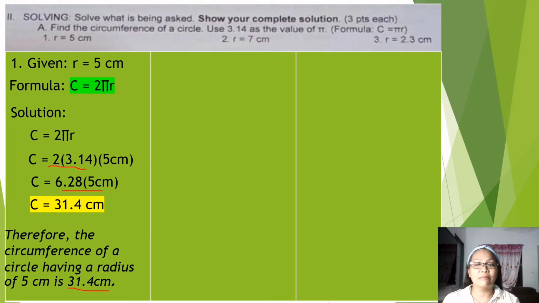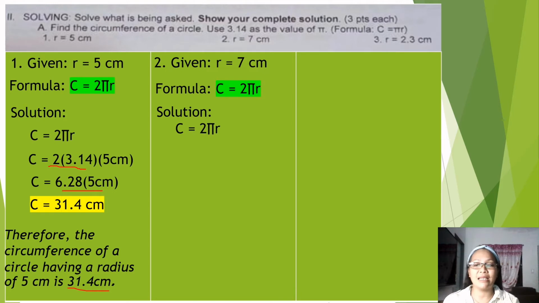Next, for number 2, our given is r equals 7 centimeters. For our formula, we will use the same since the given is r. Therefore, we have C equals 2 pi r. For our solution, of course, copy first the formula and then substitute the given. C equals 2 times pi, which is 3.14, multiplied by r, which is 7 centimeters.